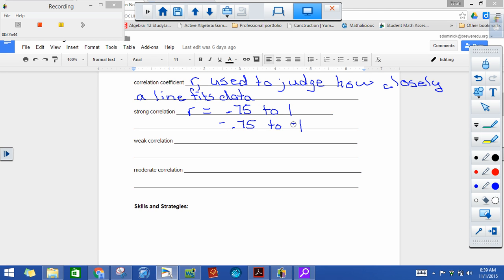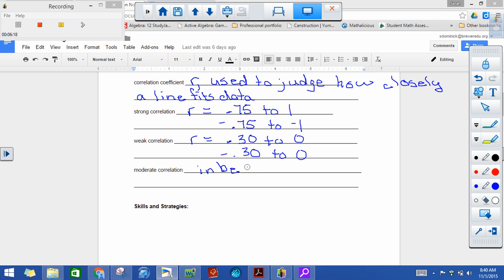We can talk about that more later. You just need to know that the closer to 1, the stronger the correlation. A weak correlation is defined as anything 0.30 or lower. So 0.30 to 0, or negative 0.30 to 0. A moderate correlation is anything in between.